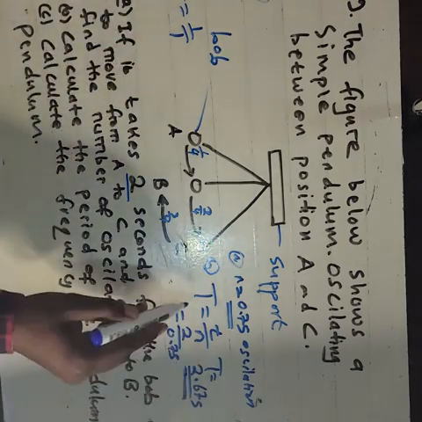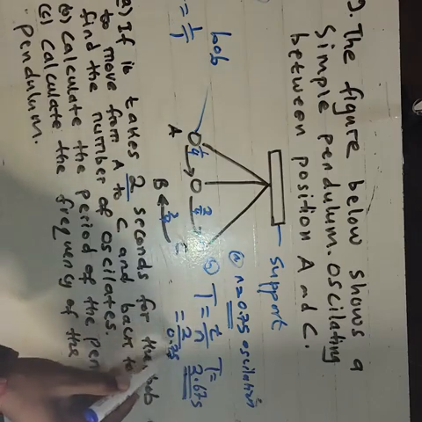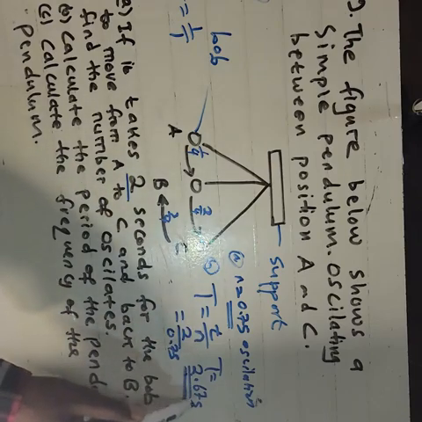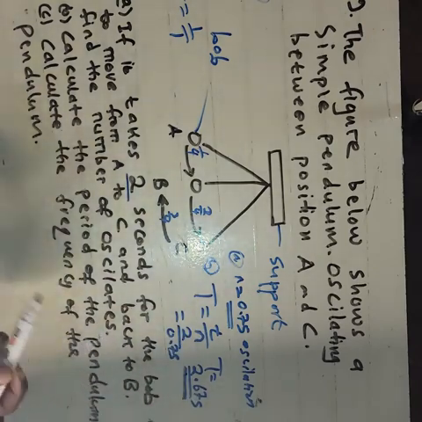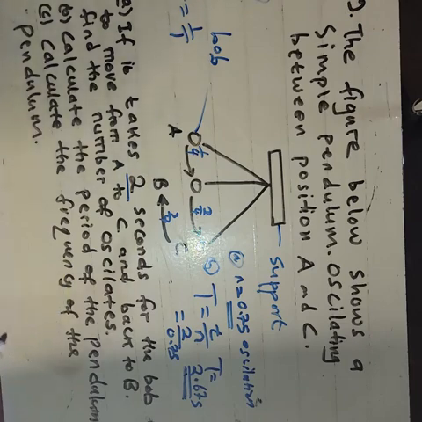So first you find the period, which you found here to be 2.67 seconds. Then we're going to use the same period. The way physics is, questions relate. You will discover that question B will require an answer from question A. Again, question C will require an answer from question B.